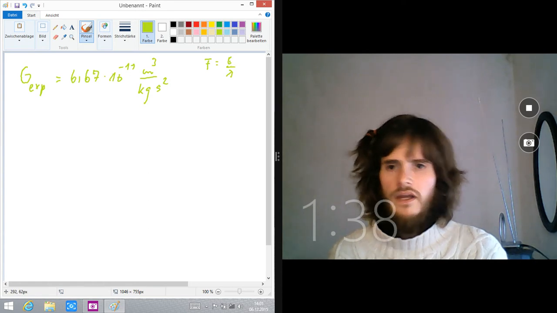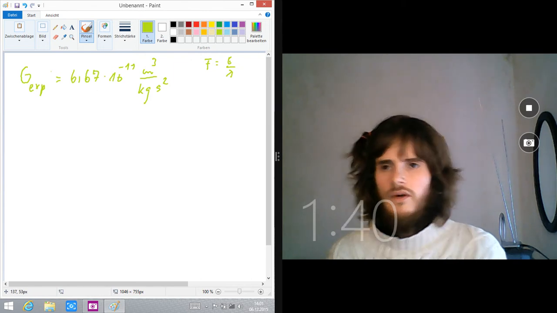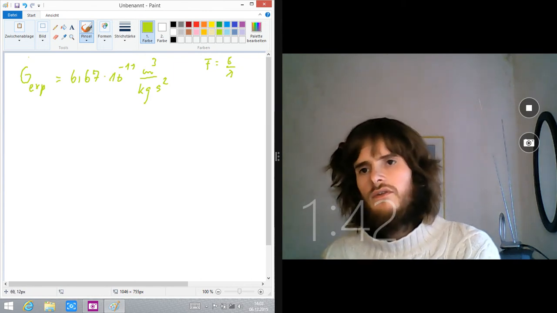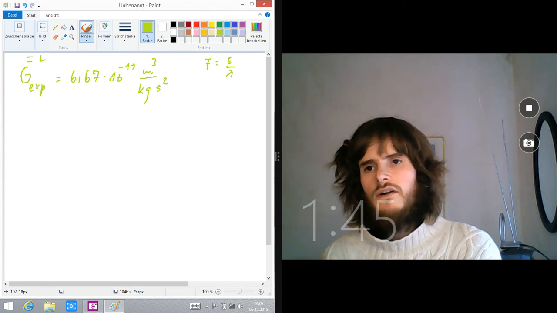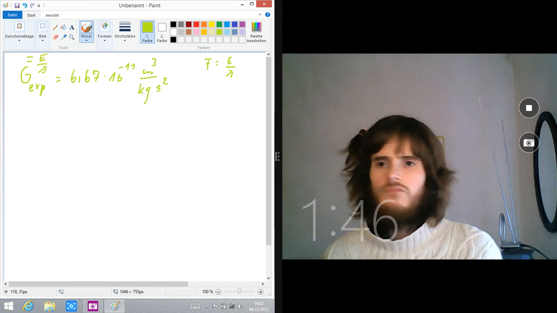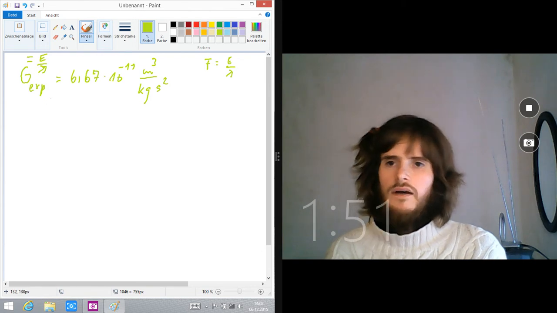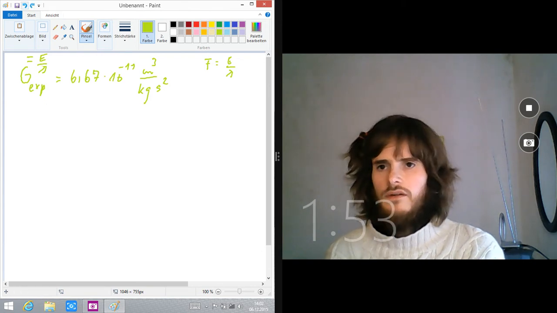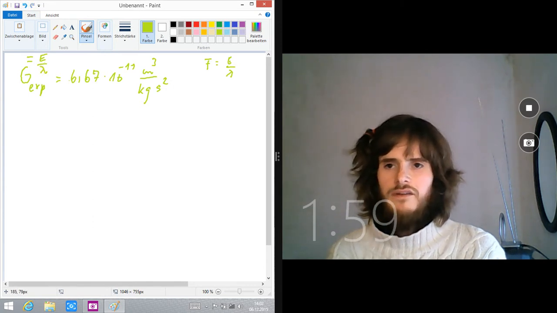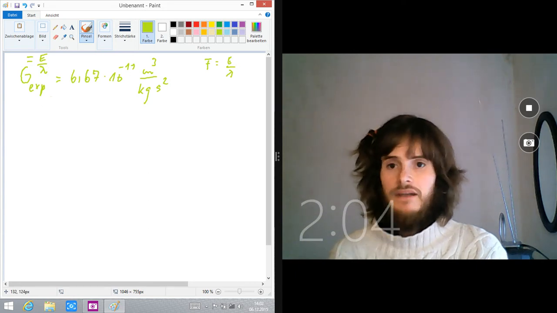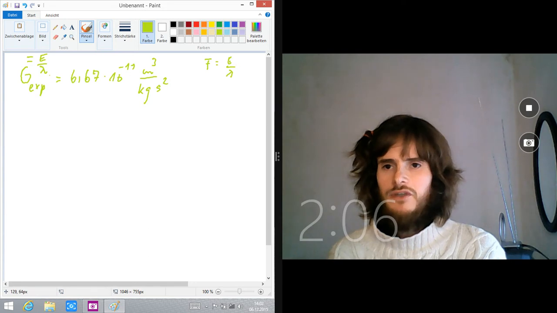Here I can write E by lambda for each formula, but it depends on the complexity whether I can solve these values. But it's possible as a more general consideration.